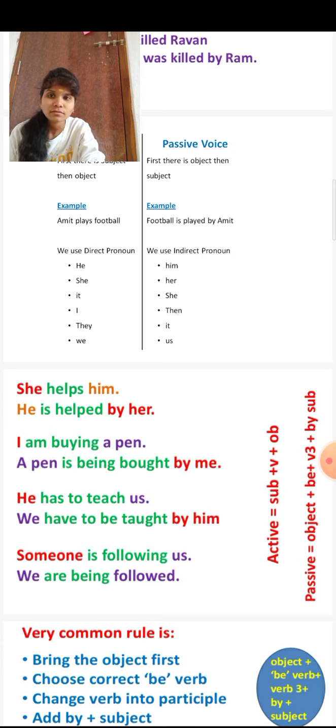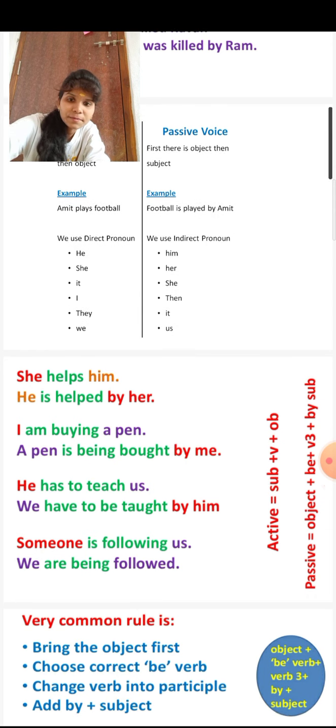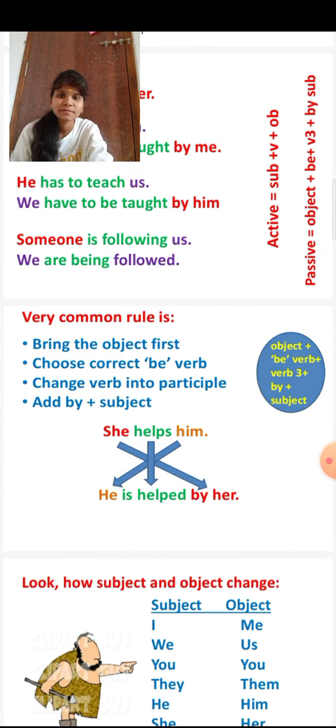Now here we can see the very common rule. I already told you the 5 things you have to do while converting the sentence from active voice into passive voice. Now you can see on our screen. The very common rule is: bring the object first, and choose the correct be verb, meaning helping verbs or be forms, and change the verb into participle, again you have to add the V3 verb form.